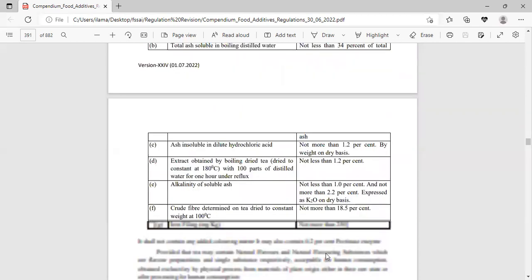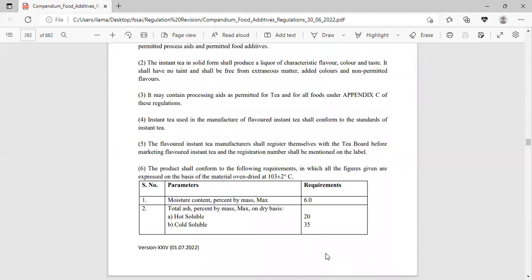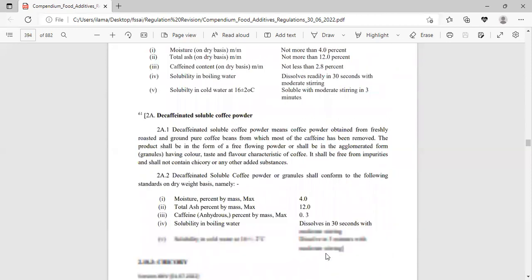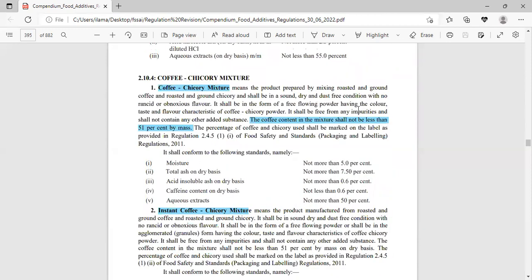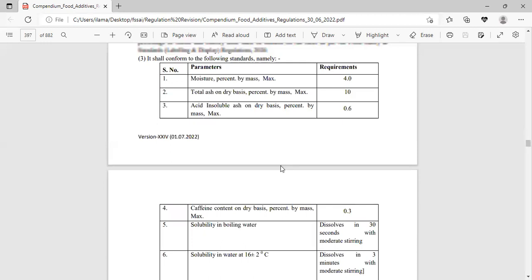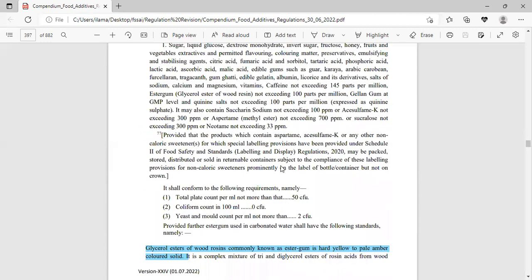And coffee, we all know coffee, the coffee chicory value is standardized, and it is not less than 51 percent by mass. Just go through the types of coffee, caffeine, and the other values.